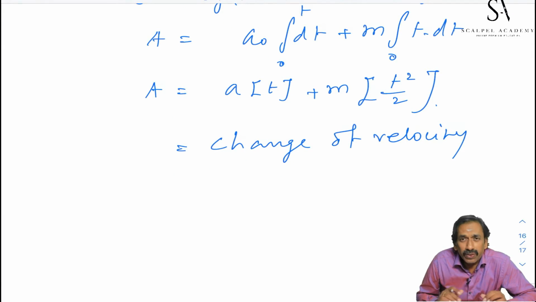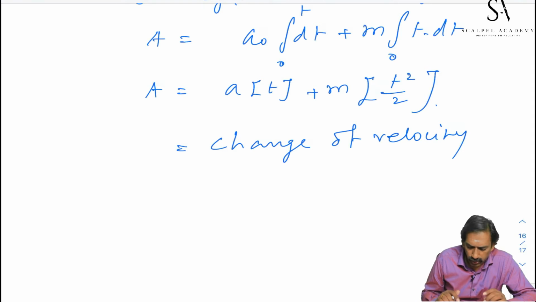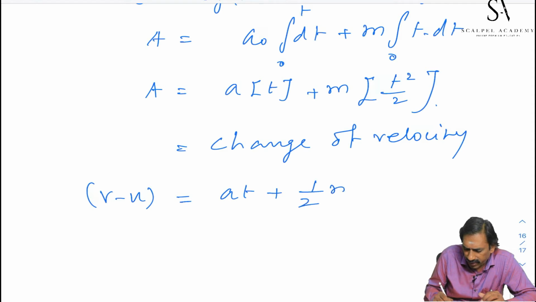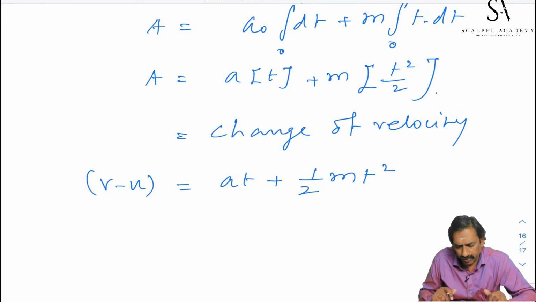At t is equal to 0, the velocity is u. At t is equal to t, the velocity is v. If so, v minus u is equal to a t plus half m t square.